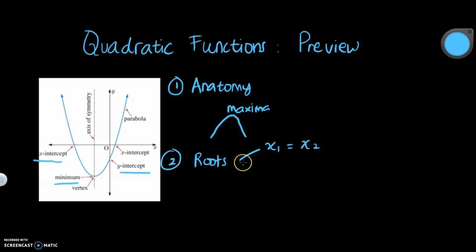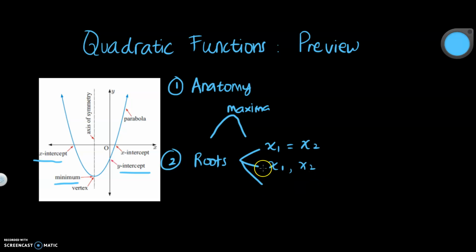Then you will also find another quadratic function that has two different roots altogether. For example, the first root is 5, the second root is -1, so they don't have identical roots.